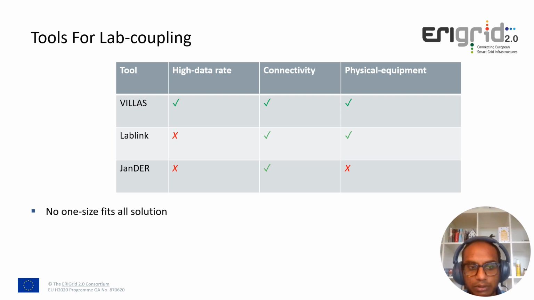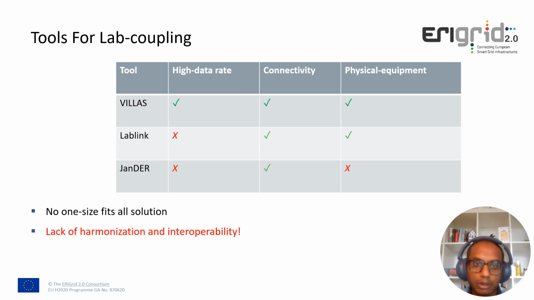From this table, what we can summarize is that there is no one-size-fits-all solution when it comes to lab coupling. Different tools have different characteristics and therefore can be used for different applications. And there is a strong need for harmonization, or to be able to make them interoperable with each other, which is the key focus of the distributed lab middleware.